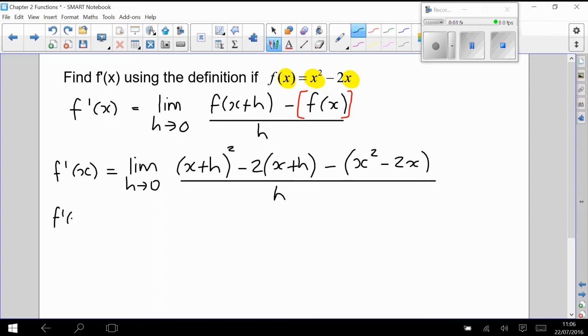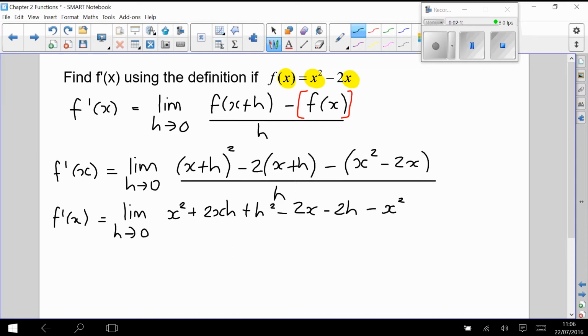So the derivative of the function as h tends to 0 is going to be x squared plus 2xh plus h squared. Distributing the minus 2, I get minus 2x minus 2h, and then in the last bracket, distributing the minus, I get minus x squared plus 2x, still all over h.